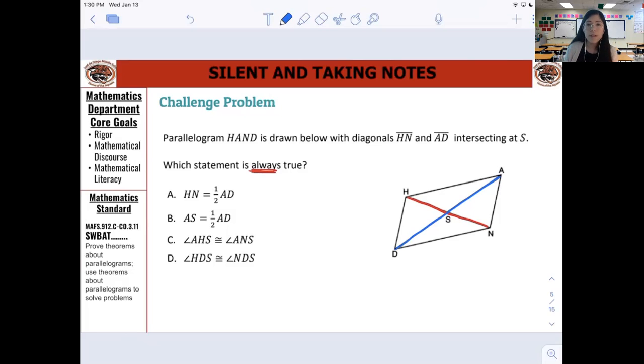Actually, we know that in a rectangle, what is going to be the relationship between those two lines? In a rectangle, what's true about HN and AD?